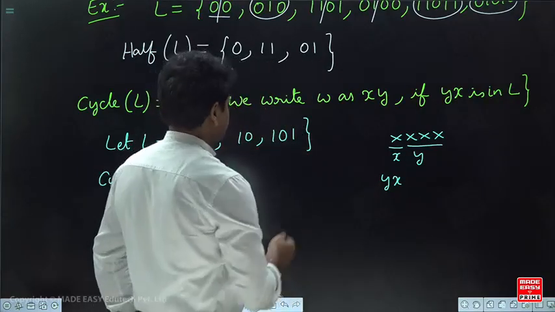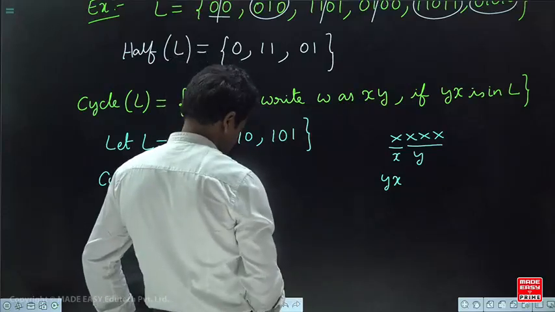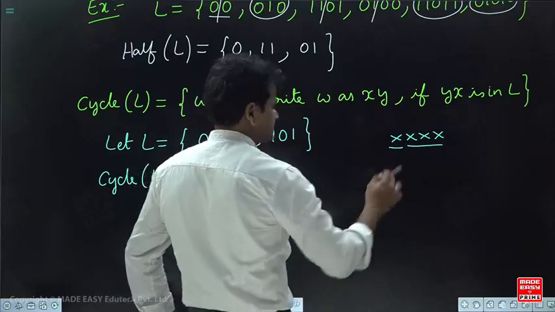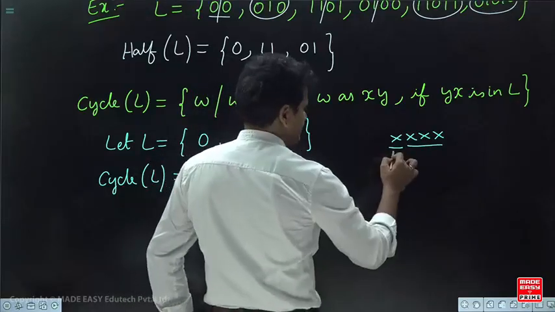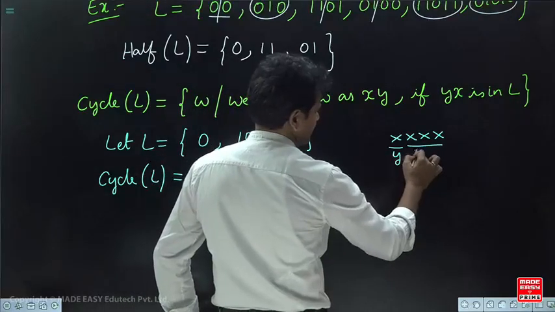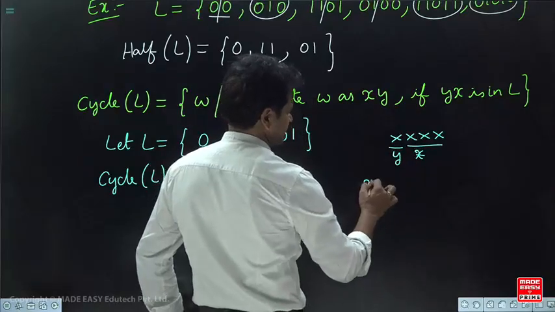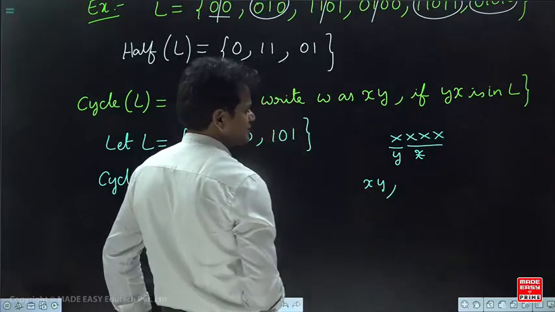Otherwise we write w as xy. If I do one thing, just divide this into two parts as y and x. Then we write xy in cycle of L.